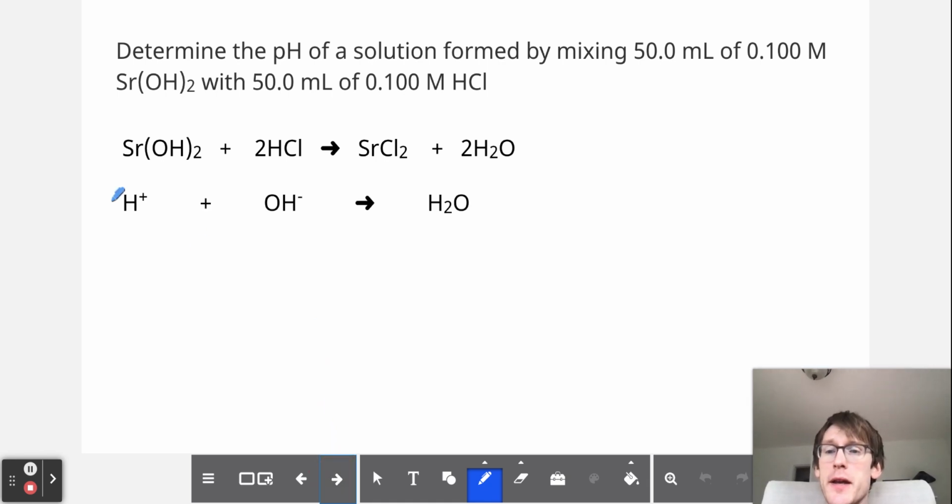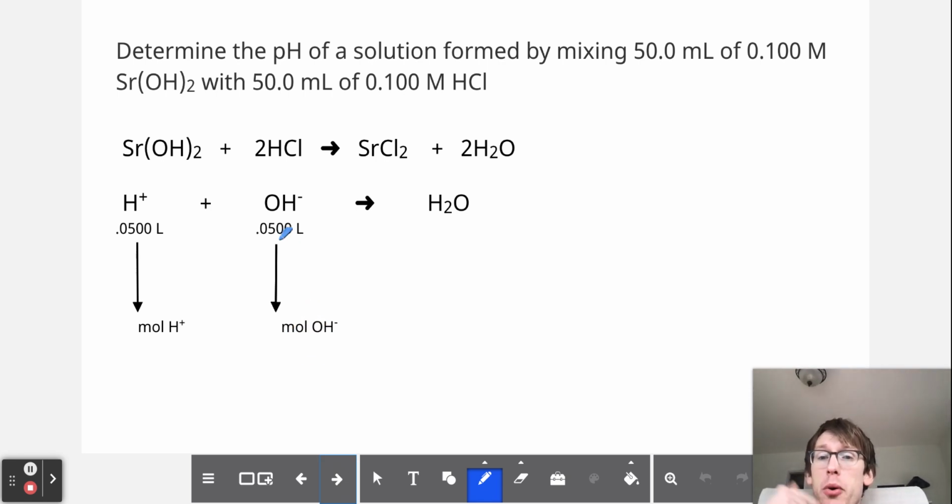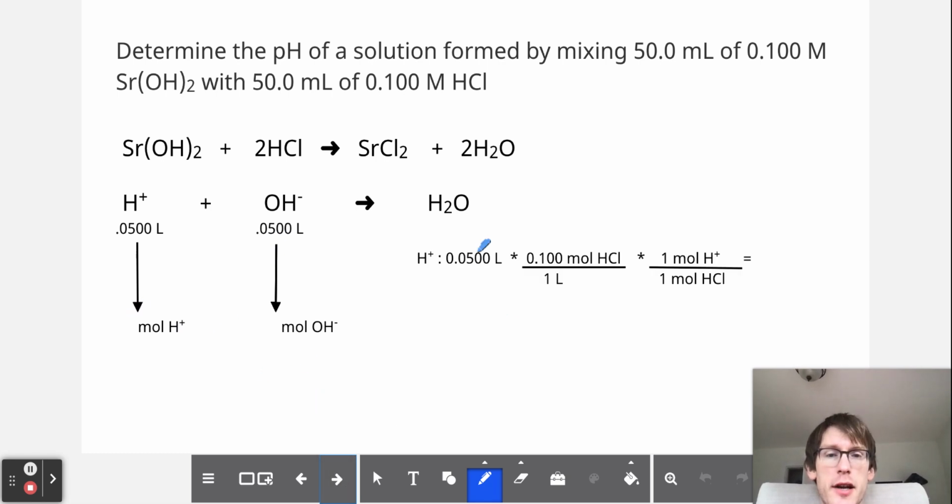So firstly, let's just get back to our net ionic equation, H+ plus OH- forming water. If I have a 0.05 liter solution of H+ and a 0.05 liter solution of OH-, I need to get to the moles of H+ and OH-, and I can do it as such.